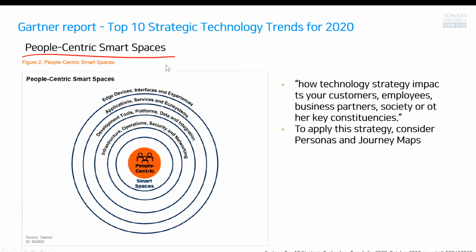People-centric smart spaces and some specific details are given in this Gartner report. So I think you need to download and take a look if you're interested. The point is, at the center, we can find the human, okay?